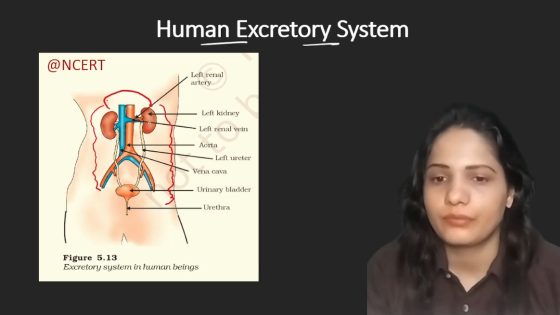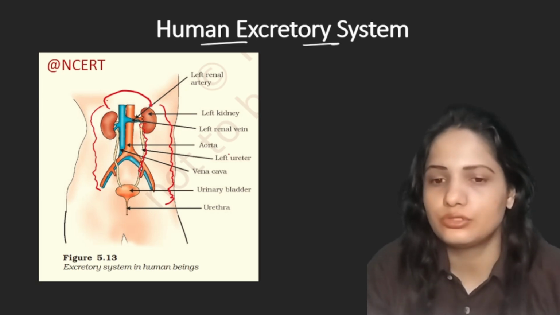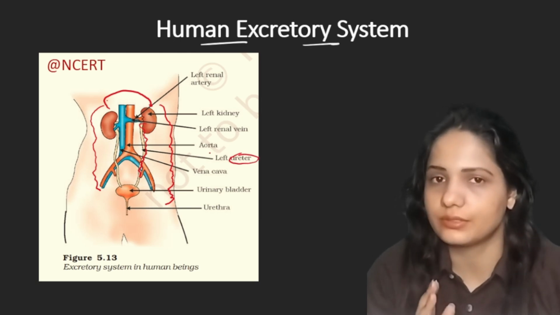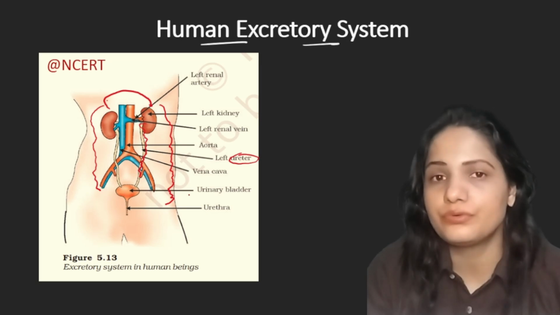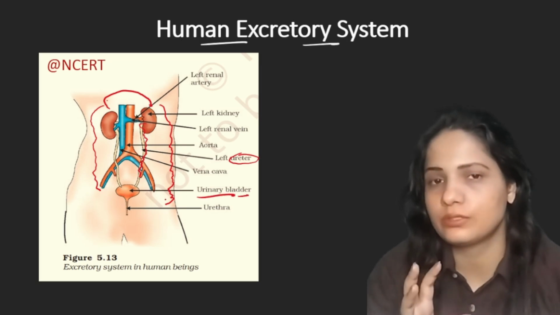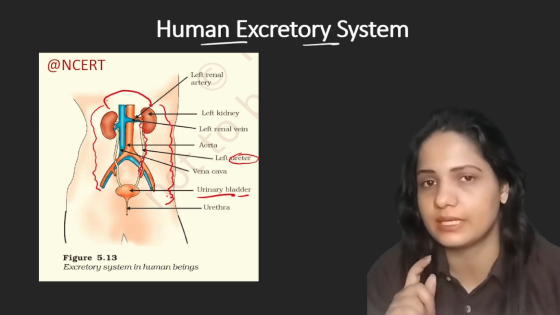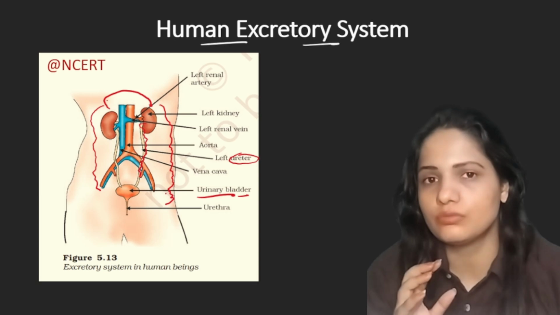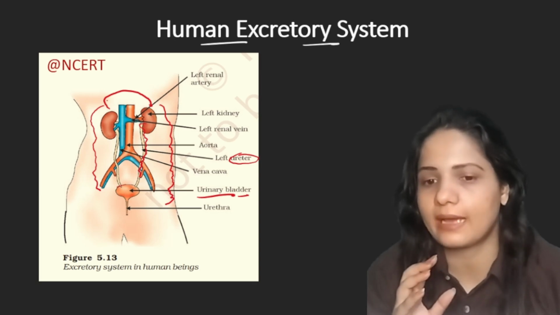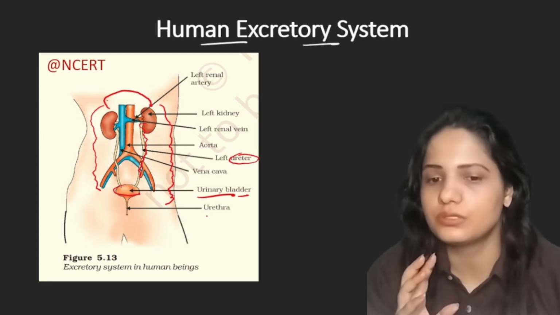Then we have tube-like structures which go downwards, and these are the ureters, right ureter and left ureter. This ureter opens into the urinary bladder. This is a bag-like, pouch-like structure which is present just below the ureters. These tube-like structures open into this bag-like structure, the urinary bladder. Further, this urinary bladder opens into the urethra.